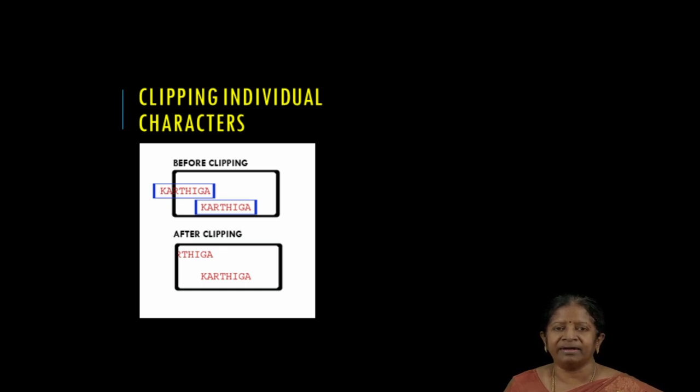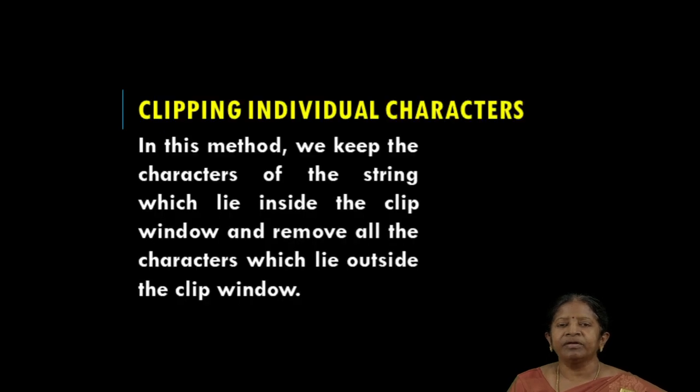The remaining characters T, H, I, G are fully inside the window. So, starting from a portion of R, T, H, I, G, A, these characters are shown in the viewport. So, we have seen this method considering the bounding box for individual characters.